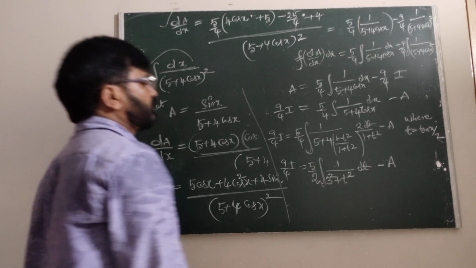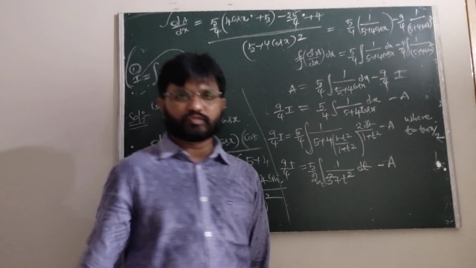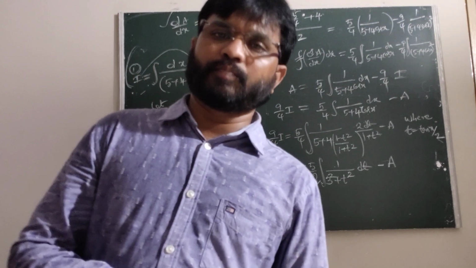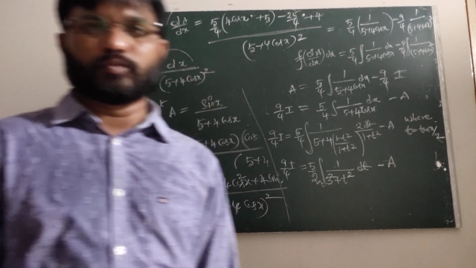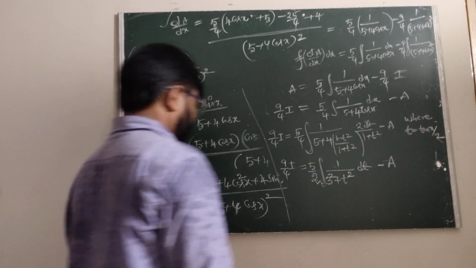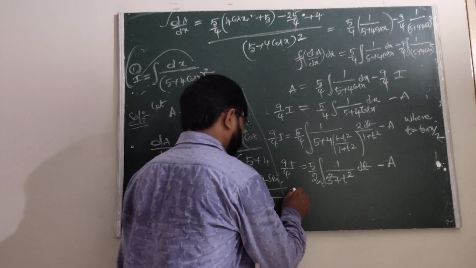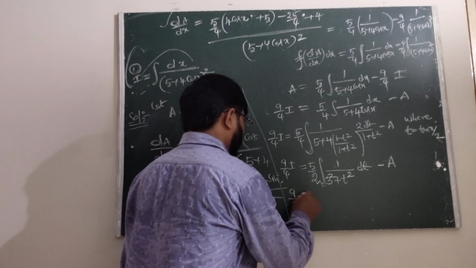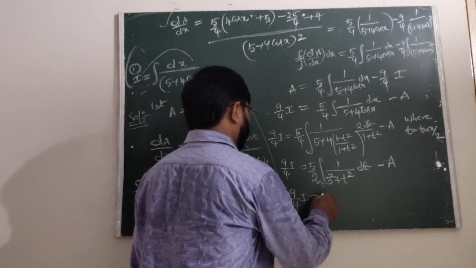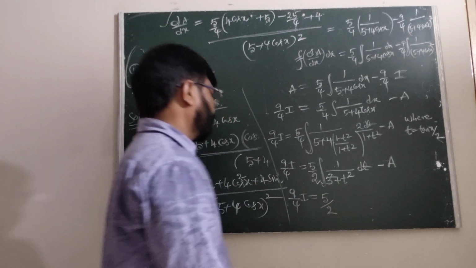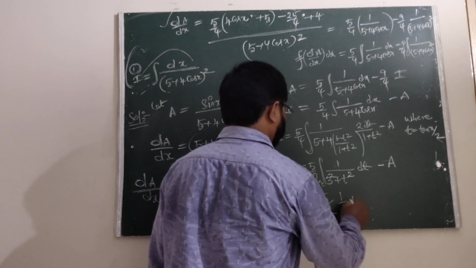Now what is the form? 1 upon x square plus a square is 1 by a into tan inverse of x by a. Now this is 9 by 4 I. 1 by a, that is 5 by 2 and 1 by a is 1 by 3.